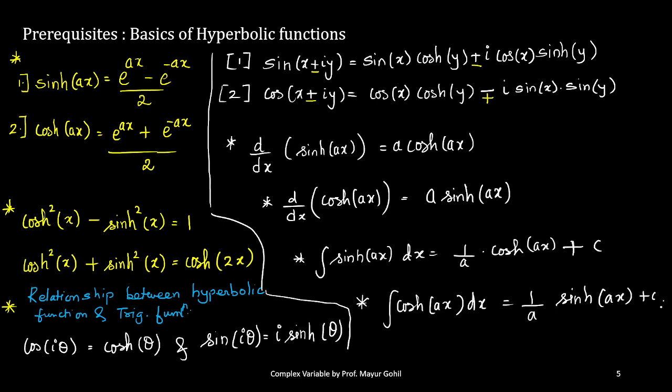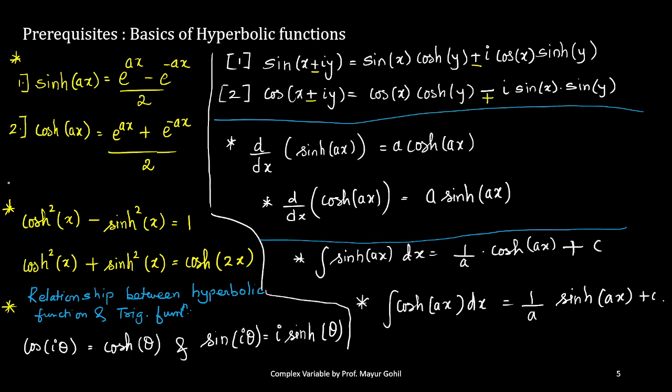This much is what is required from hyperbolic functions to continue with the topic. There is nothing much. So there are a few sections. First is the chunk of the main definition, then some hyperbolic identities which are very important and crucial.